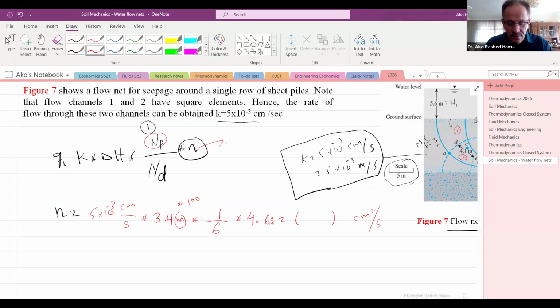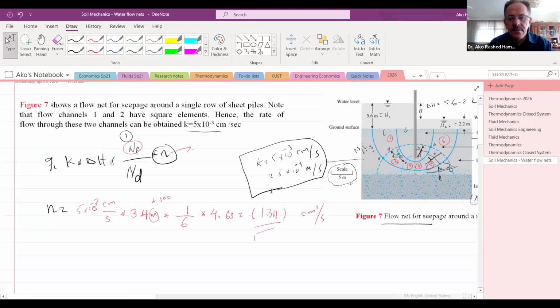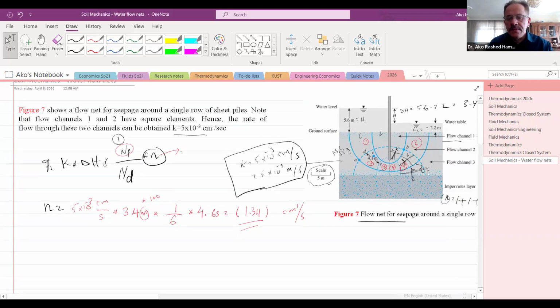That is 0.5 times 3.4 times 4.63 divided by 6. So the answer, I think, is equal to 1.311 centimeters squared per second. Am I right? That's called the Q, sorry.